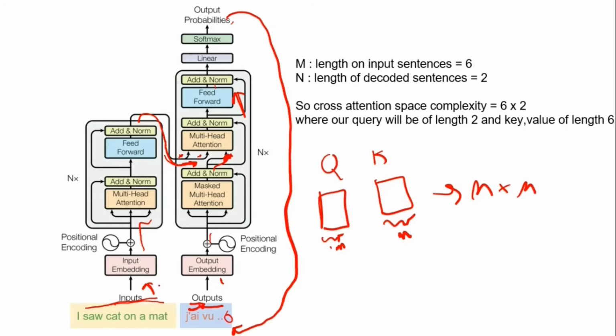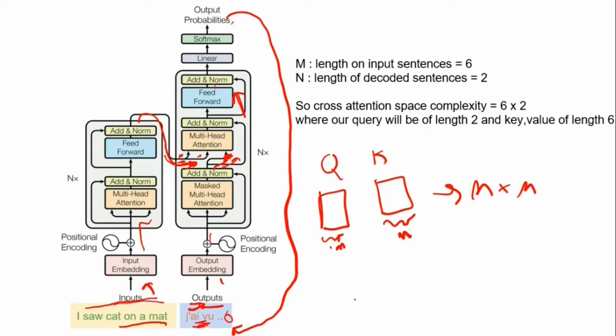So if you see in this particular example, the input is of length 6, and the length of the keys and values would be around 6, and our queries, for example, if two words have been predicted, our query size would be around 2.